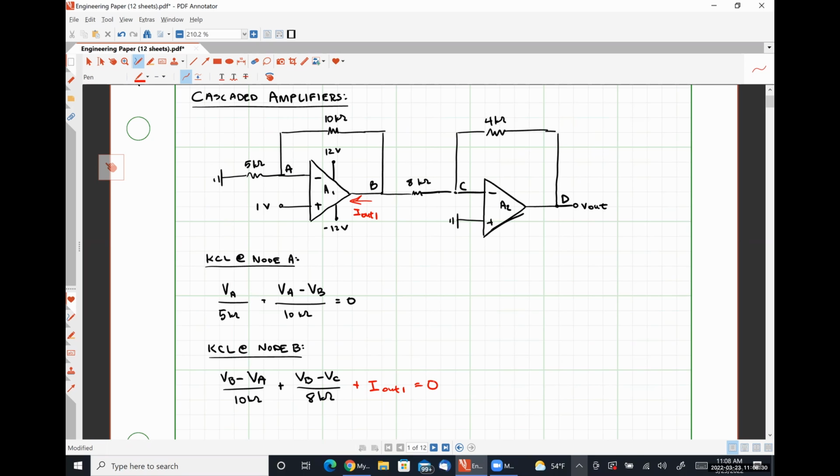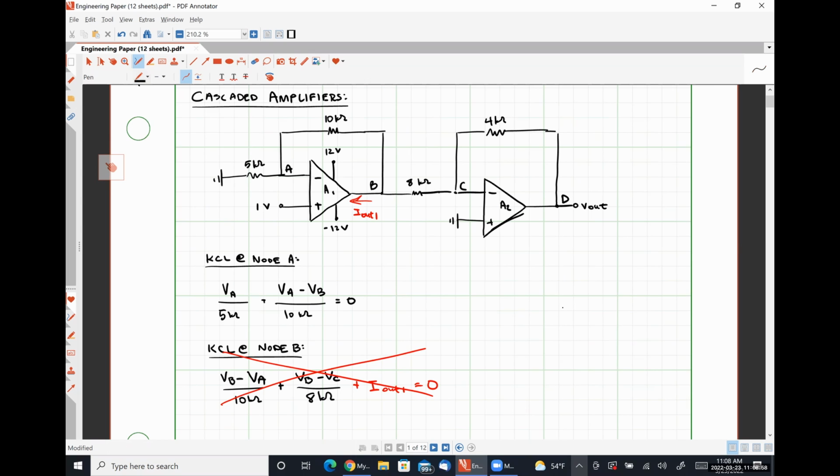But there is literally no way for us to determine what that current I out 1 is without physically measuring it. Okay. What that means is that we cannot rely on this KCL at node B equation because it contains an undefinable unknown quantity. Okay. So we have to throw that relationship away.